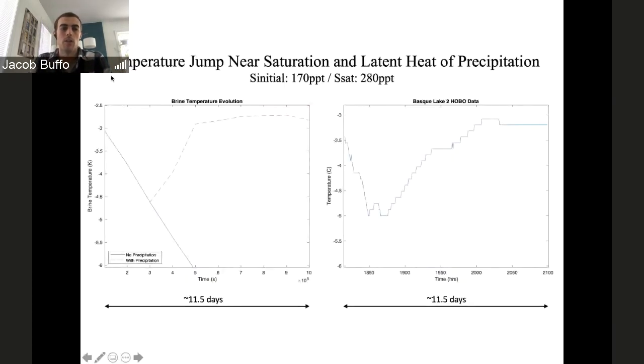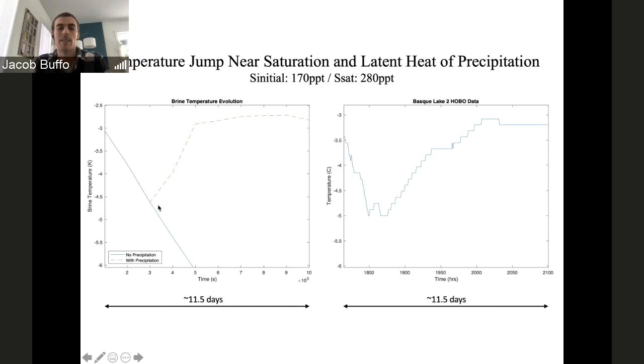And then this was also that temperature jump that we were looking at. So we were able to basically add in a precipitate into the model and show that if we don't use that precipitate in the model and we don't consider that salt hydrate precipitation, we cannot actually reproduce the temperature profiles. But if we do include that precipitation, then we can, which is really interesting, because if there wasn't that precipitation event, it basically just suggests that the temperature of the brine should have just kept dropping and dropping.